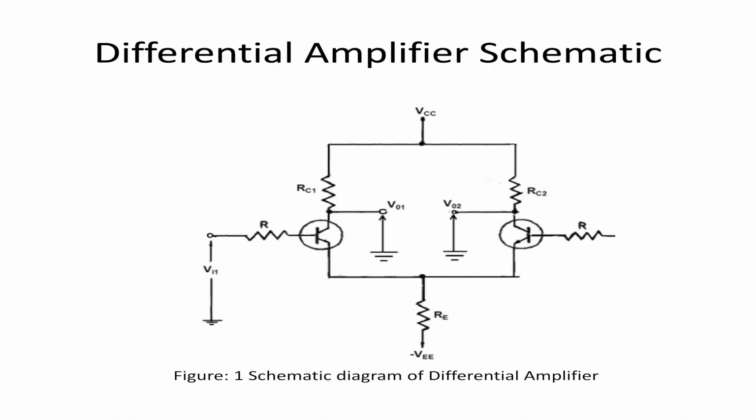Common mode rejection ratio: to improve common mode rejection, a differential amplifier may include components like capacitors or additional resistors in the input path. The schematic diagram visually represents how the transistors are interconnected and how the input signals are applied to amplify the voltage difference between V1 and V2 while rejecting common mode signals.